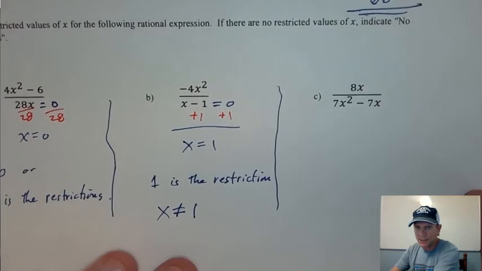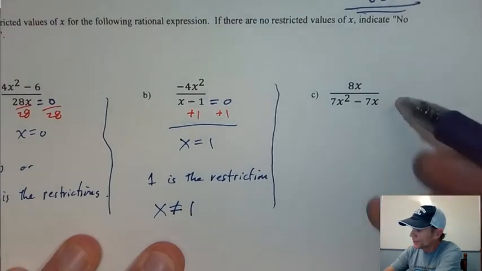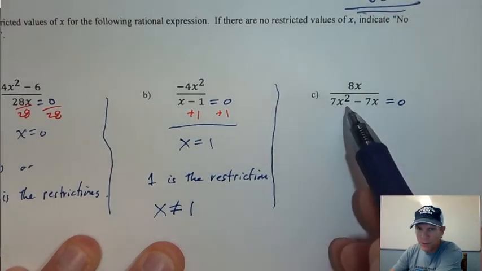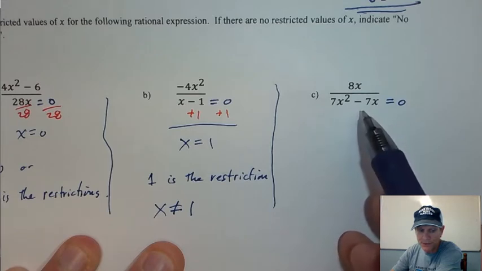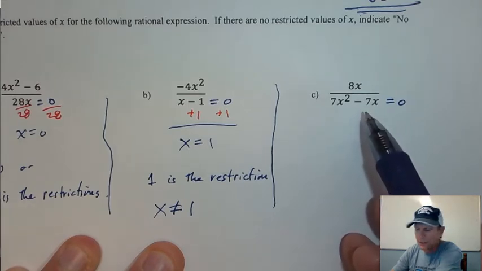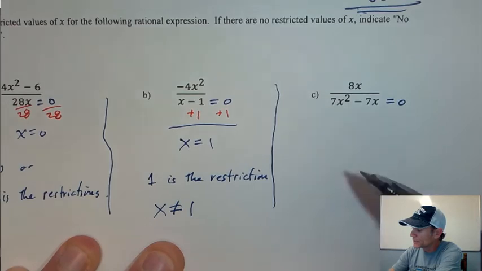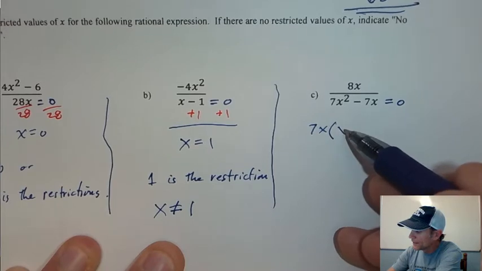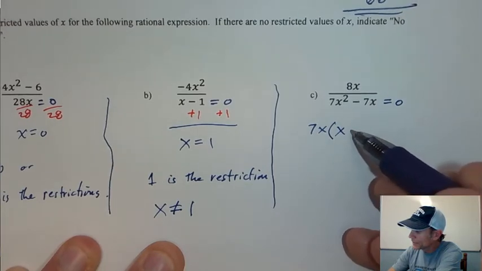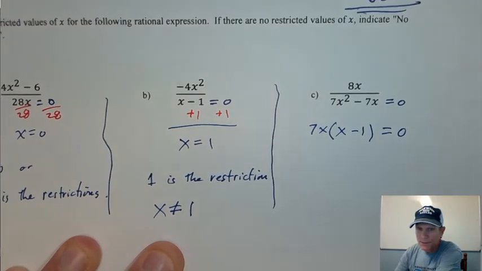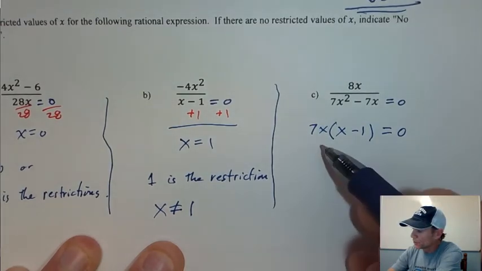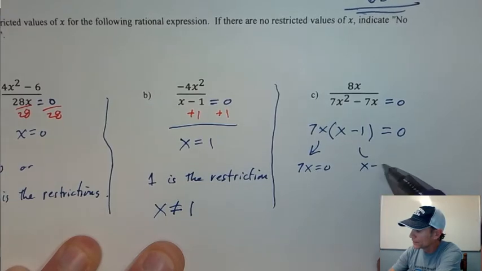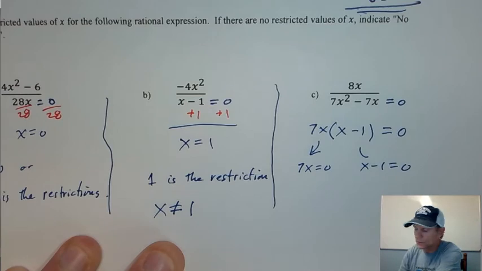Sometimes it'll say separate multiple answers with a comma. All right. So here we can look at C and we set the denominator equal to 0. Now here we spot the squared on, and we learned in the previous chapter that to solve this we would have to factor. So we're going to factor out a 7x, and if I pull a 7x out front, it looks like this: 7x times x minus 1 equals 0. And then from last chapter, we know that we can use the zero product property. 7x equals 0, x minus 1 equals 0. So we're going to get two answers here.